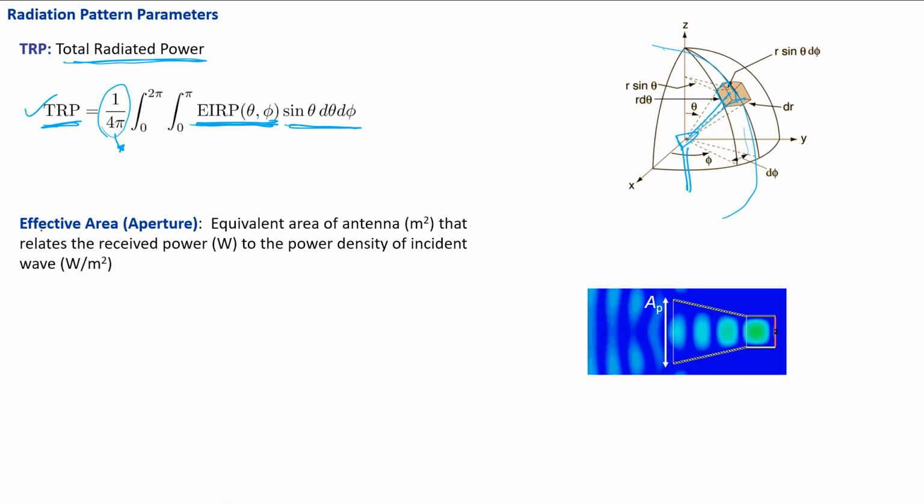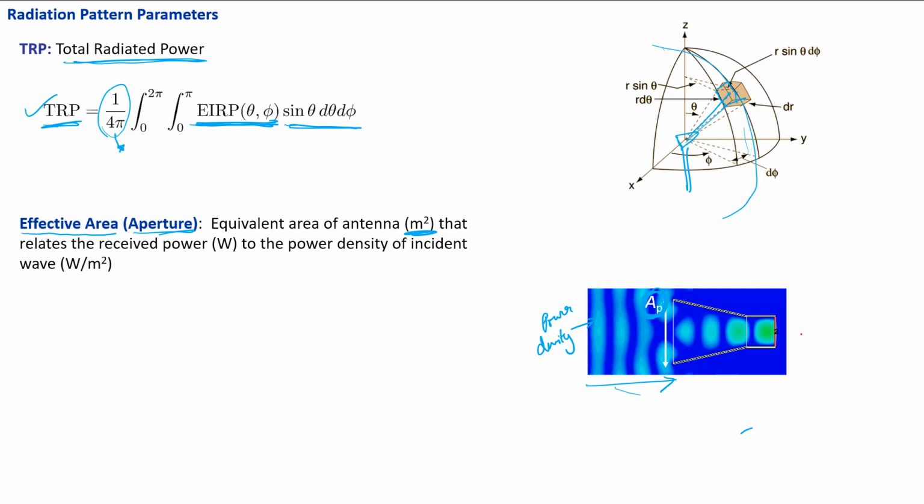The final quantity that we are going to look at is what is called the effective area or aperture of an antenna. It's an equivalent area, an area factor, in millimeter square. That is in fact proportional to the physical aperture size of the antenna. But this effective area relates how much power density incident onto an antenna translates to the power that you receive at the terminals of the antenna.